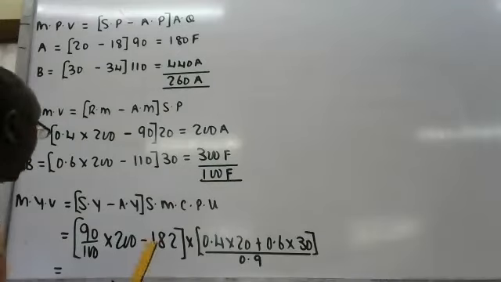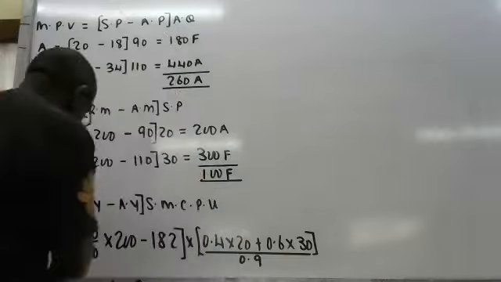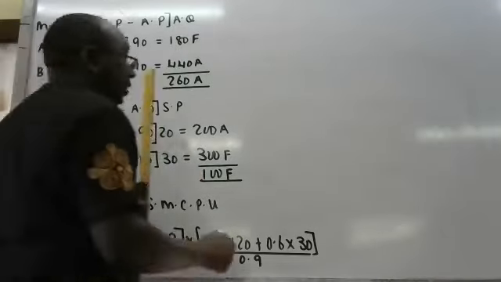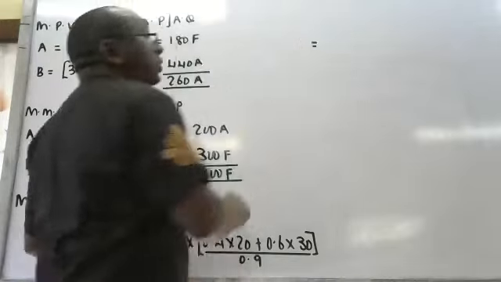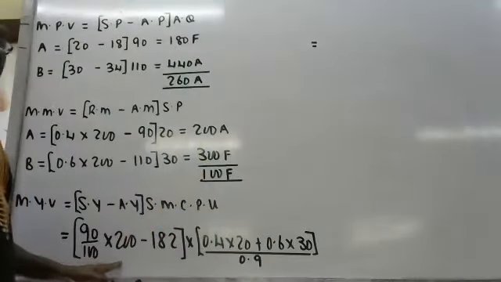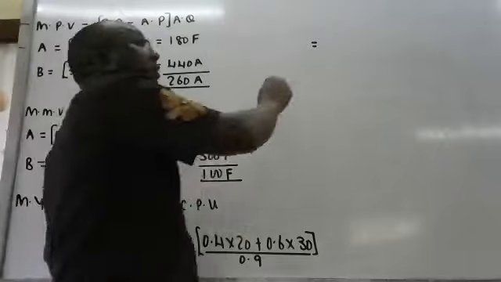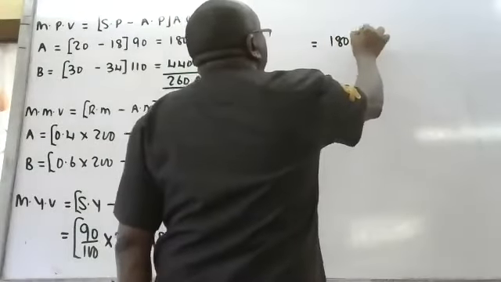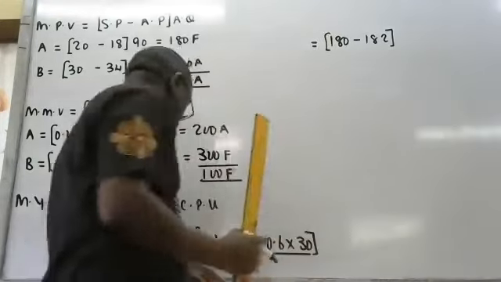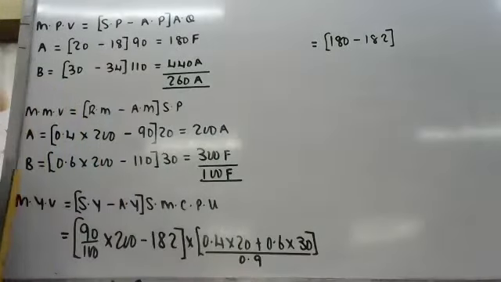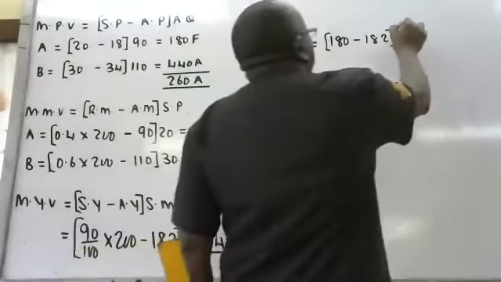And because that may help us somewhere down there, it may help us in the next computation. 90 over 200 is 180 minus 182. Now give me this. So now 28.